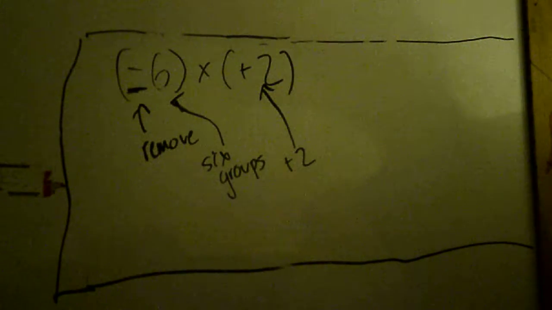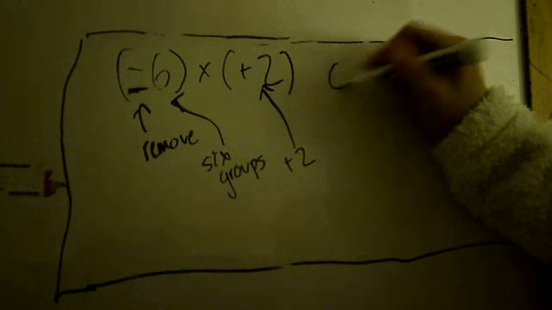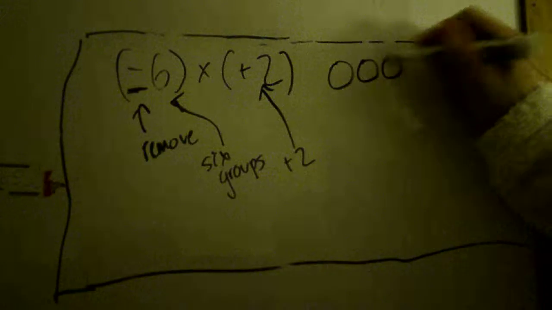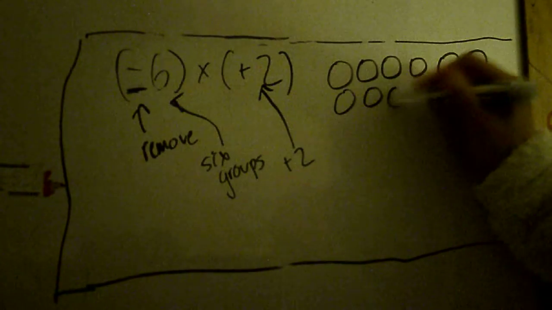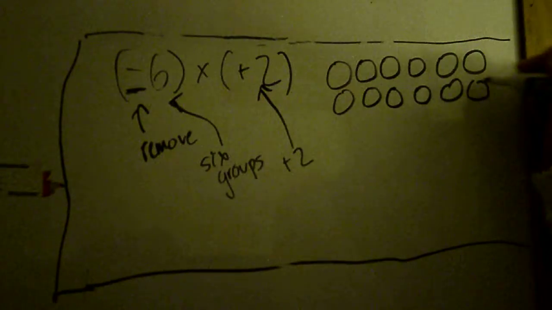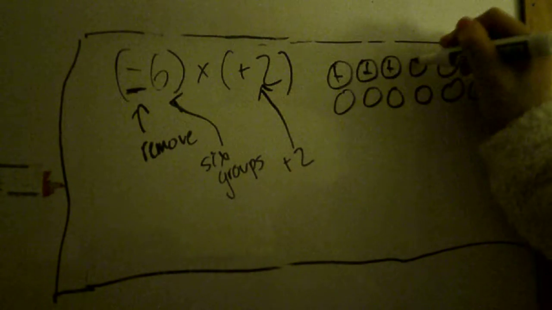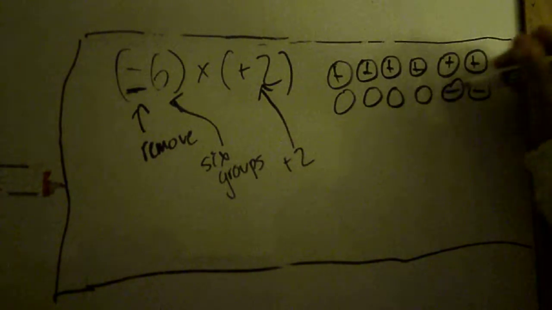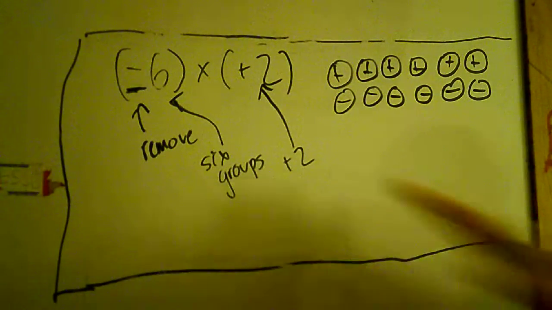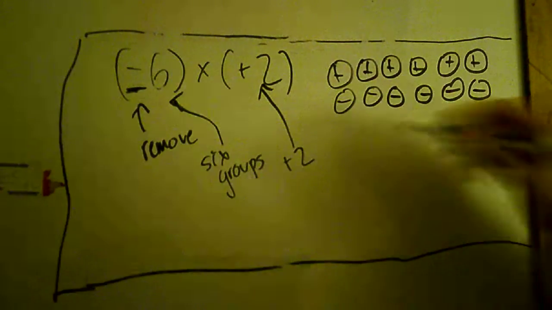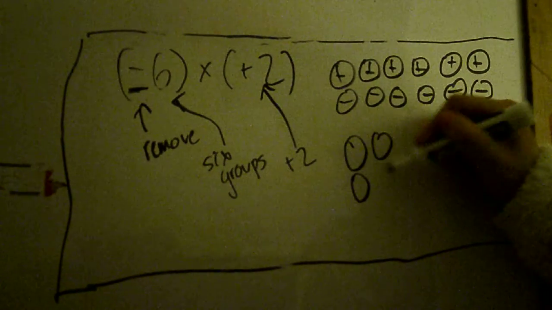So that means we need 12 paires nuls. 1, 2, 3, 4, 5, 6. So this is just 6 paires nuls. So we need 6 more.